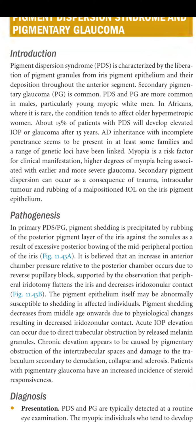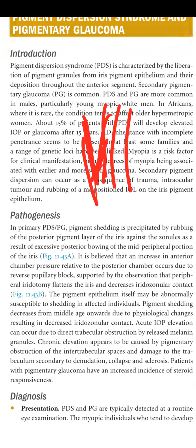In primary pigment dispersion syndrome and pigmentary glaucoma, pigment shedding is precipitated by rubbing of the posterior pigment layer of the iris against the zonule as a result of excessive posterior bowing of the mid-peripheral portion of the iris. So the iris is rubbing against the zonules, and this rubbing causes the liberation of the pigments.